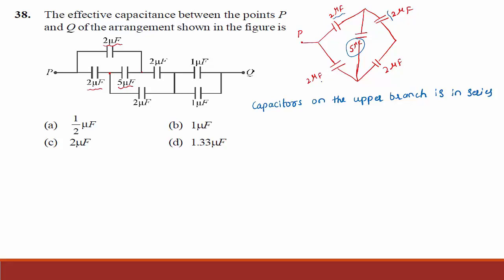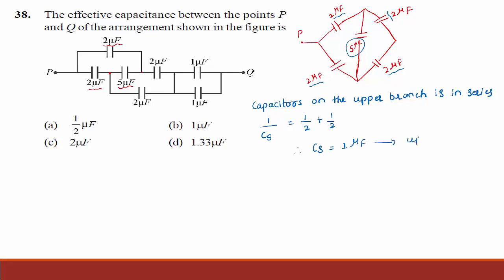Similarly, this is the lower branch, 2 microfarad and 2 microfarad. This is also a series combination. So for series capacitors, we can write 1 by CS equals 1 by C1 plus 1 by C2, 1 by 2 plus 1 by 2. Therefore CS, the capacitance in series combination, is 1 microfarad.